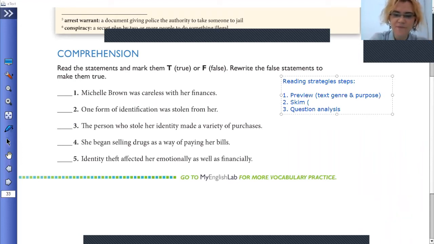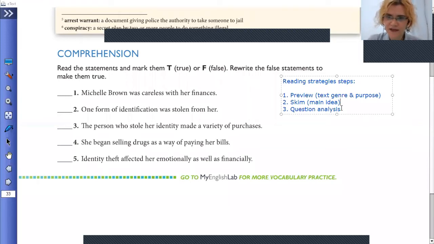We skim for the main idea, definitely. We do the skimming by reading the introduction, the first paragraph, every topic sentence, the first sentence of every body paragraph, and the concluding paragraph. And from there, we can come up with the main idea. And remember, when we preview, when we skim, when we do question analysis, when we read, we always annotate.